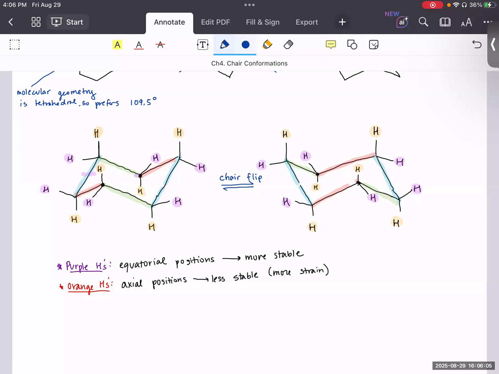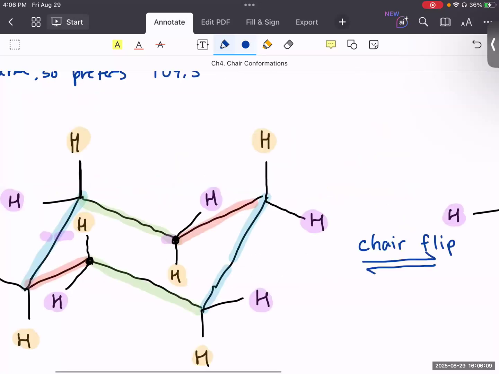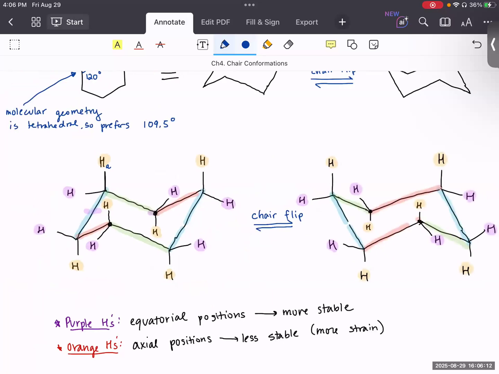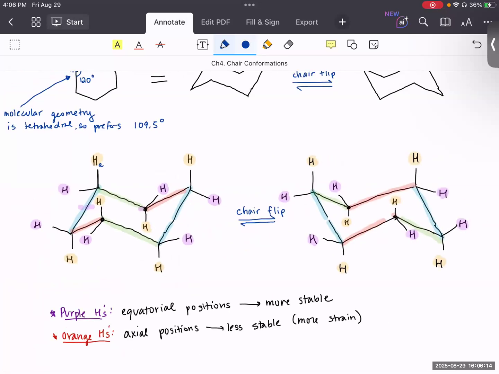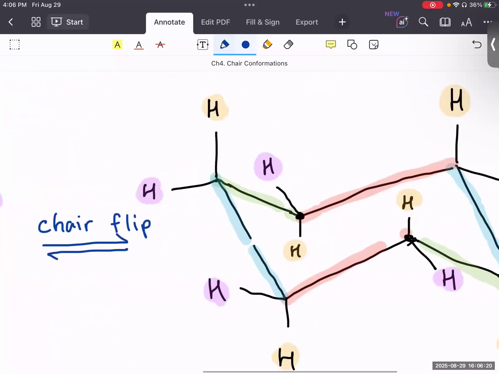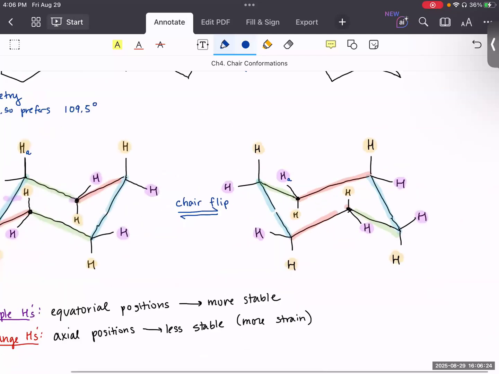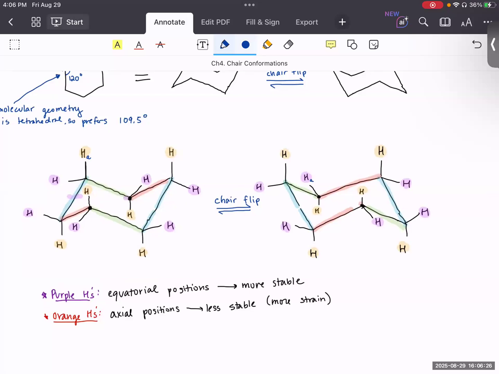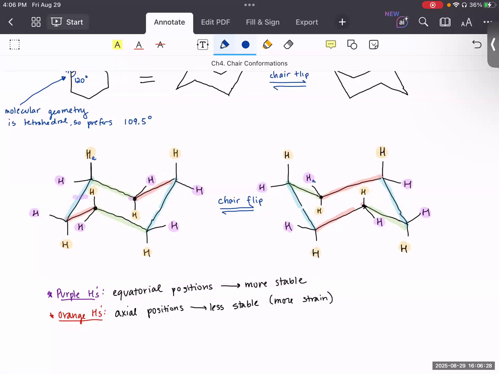But if we were to label one of our hydrogens, so let's take this left one up here and label it as HA to keep track of where it ends up. After this chair conformation undergoes a chair flip, that hydrogen ends up in this position right here. It ends up one more clockwise over. And what we can also see is that it went from an axial position in that left state to an equatorial state, or the ones highlighted in purple, on the right.